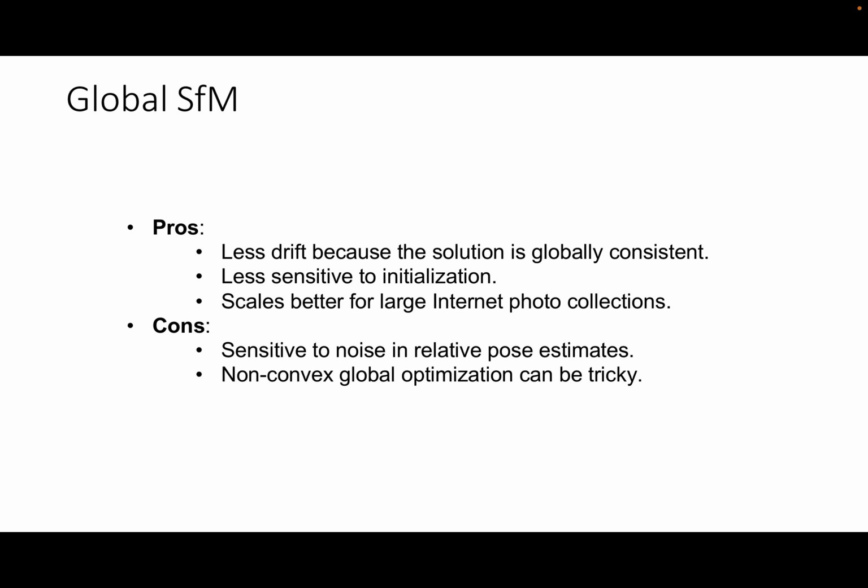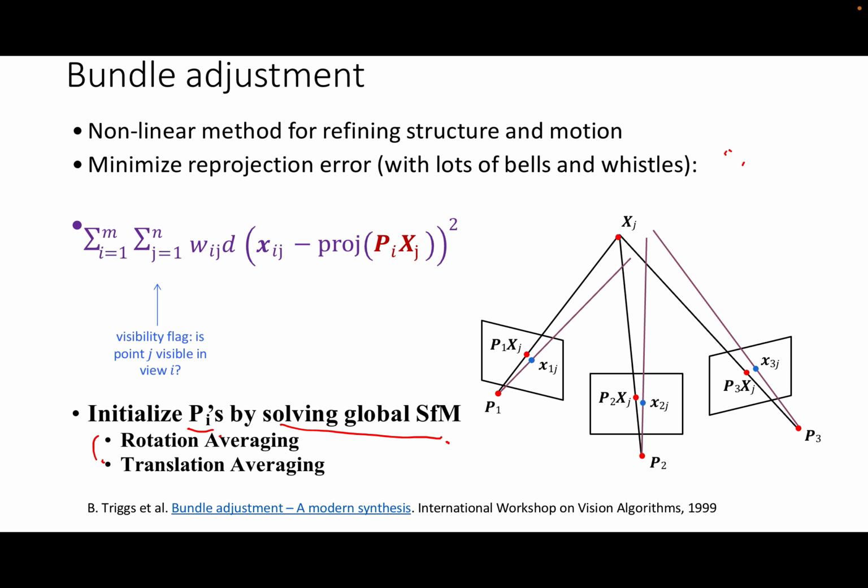The good points of global SfM are less drift because the solution is globally consistent, less sensitivity to initialization, and better scaling for large internet photo collections. But it is sensitive to noisy relative pose estimation, and non-convex global optimization can be tricky. We'll see incremental SfM next time.